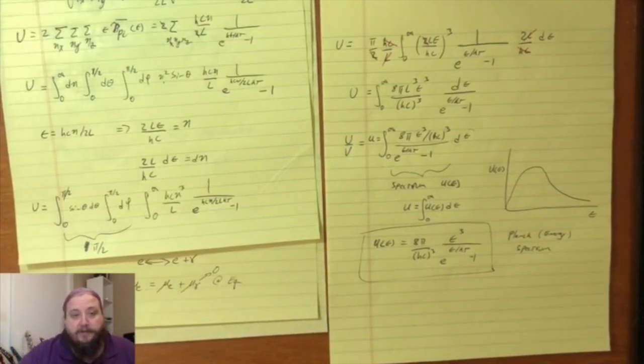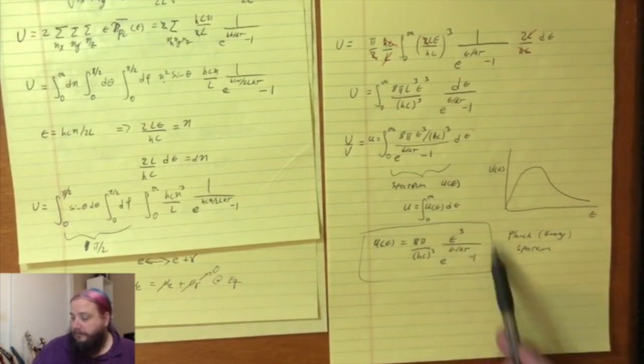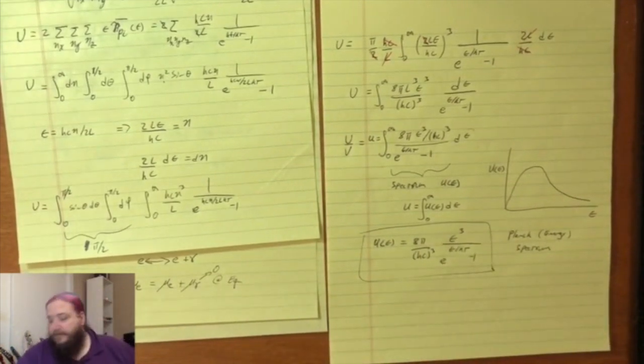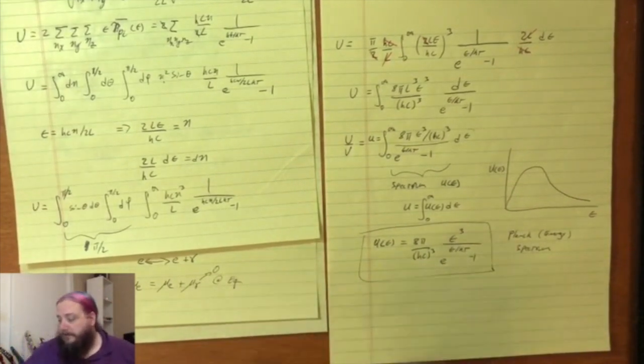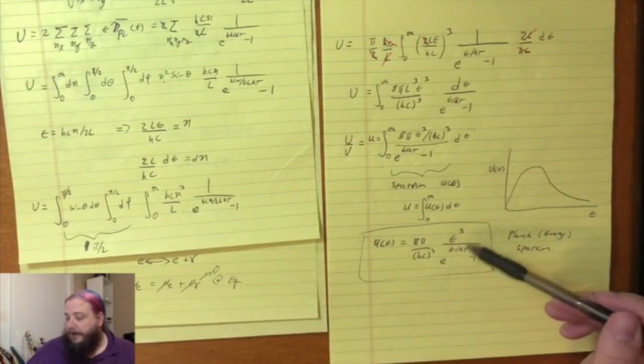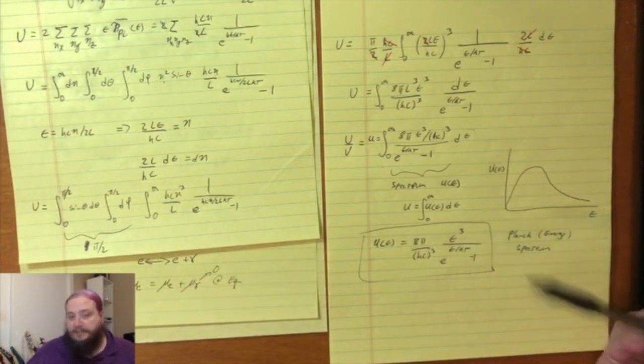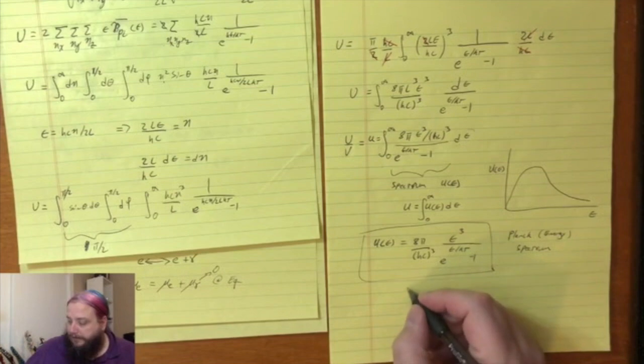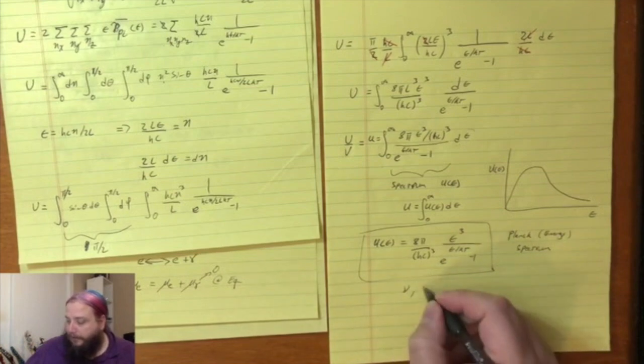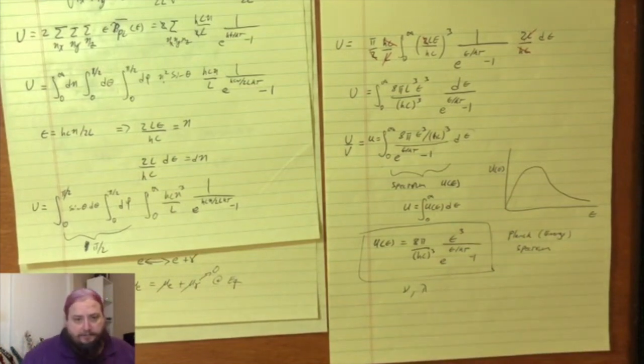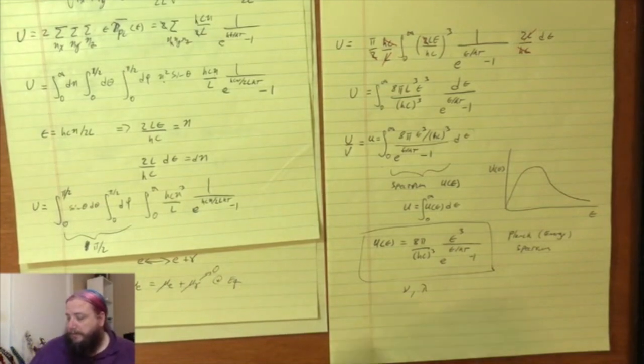Anybody who's a spectroscopist is familiar with this. Astronomers use this all the time, or spectroscopists of all sorts, often converting from energy units into either frequency units or wavelength units, but essentially the same spectrum.